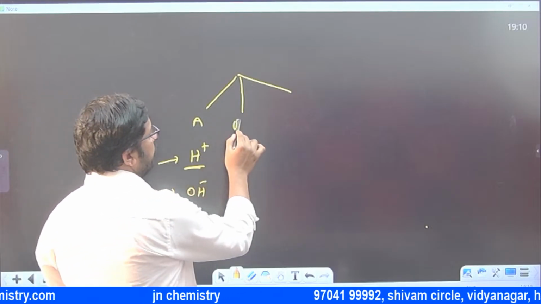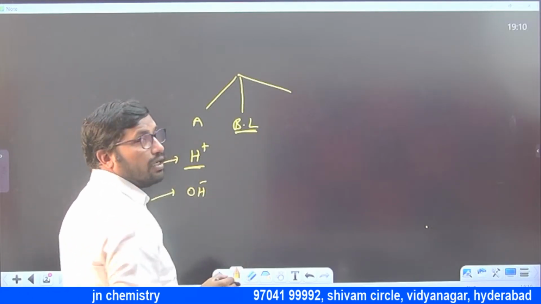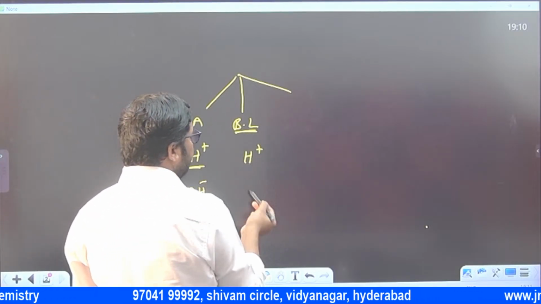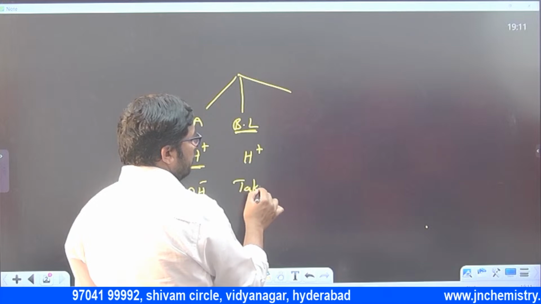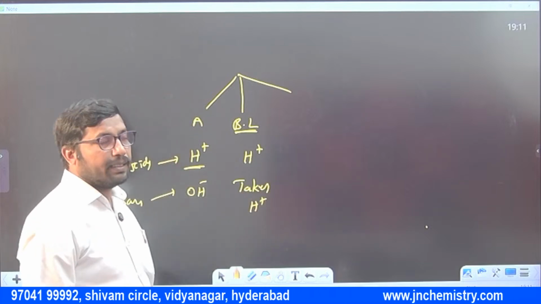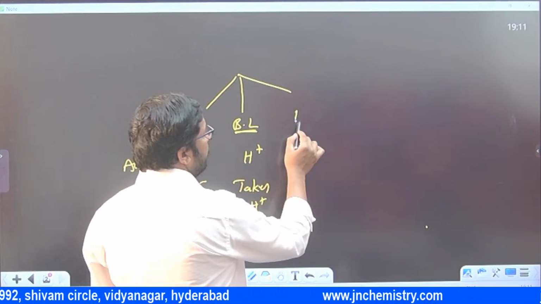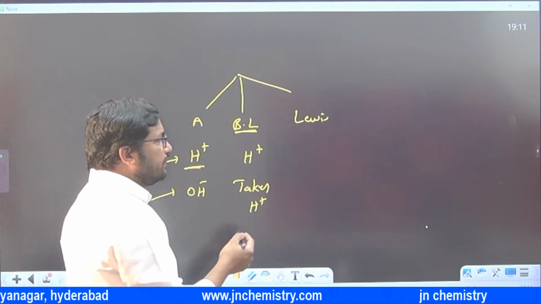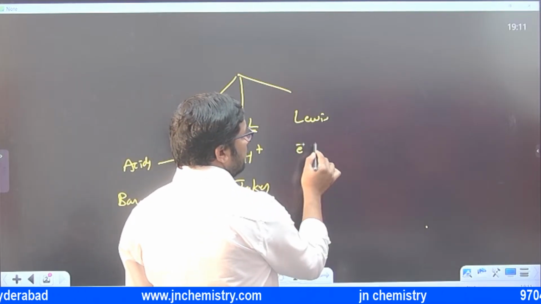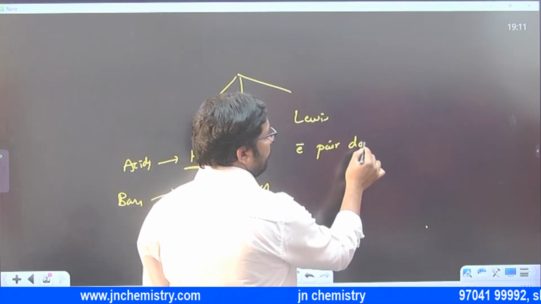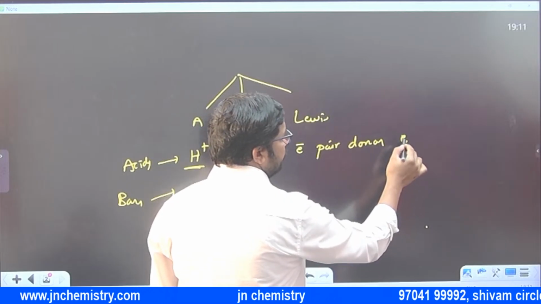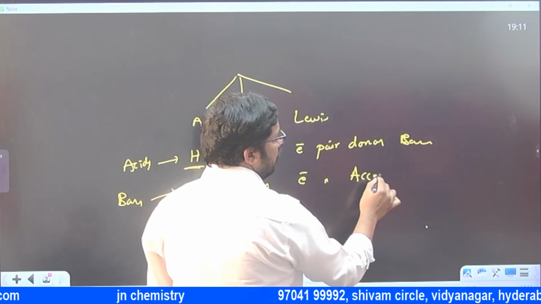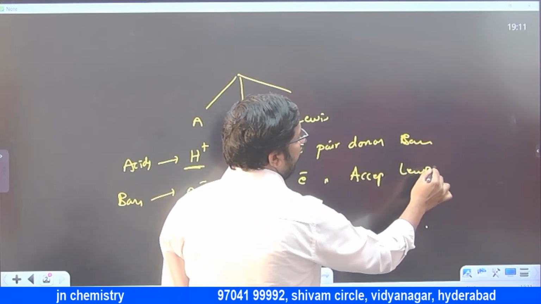According to Bronsted-Lowry theory, compounds which give H+ ions are acids, and which take H+ ions are bases. According to Lewis theory, electron pair donors are Lewis bases and electron pair acceptors are Lewis acids.